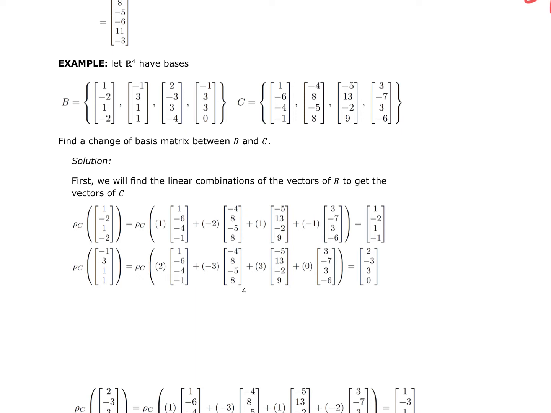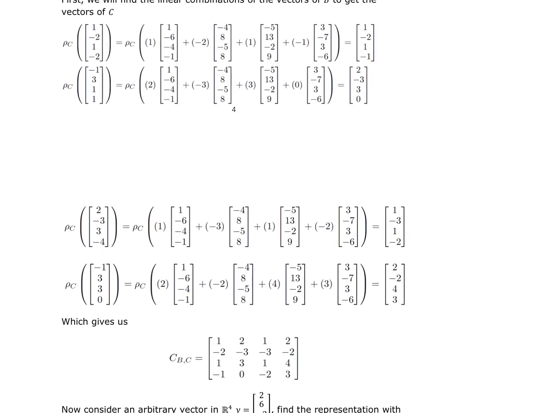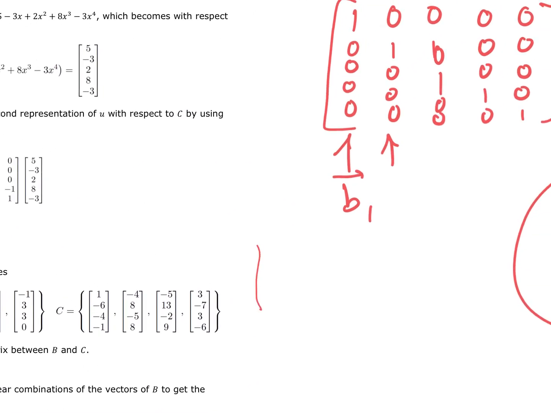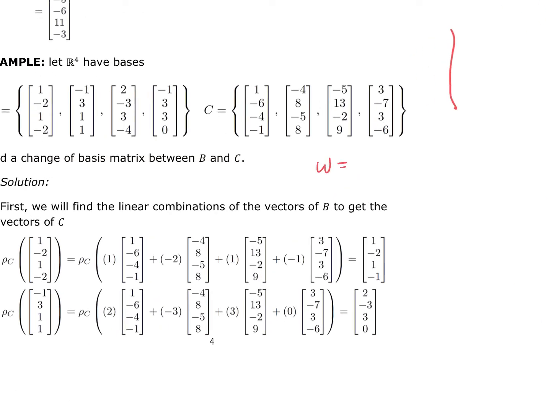Let's take a look at another one in which I don't have the identity matrix. Again, totally do this by linear combinations. What I'm going to do though is here's the notes, go through the notes, linear combinations, cool. Let's do it by matrices. So my W, because that's what I used, right? I gotta make sure my notations are the same. W, yep. So my W matrix is going to be 1, -6, -4, -1, -4, 8, -5, 8, -15, 13, -2, 9, 3, -7, 3, and -6.